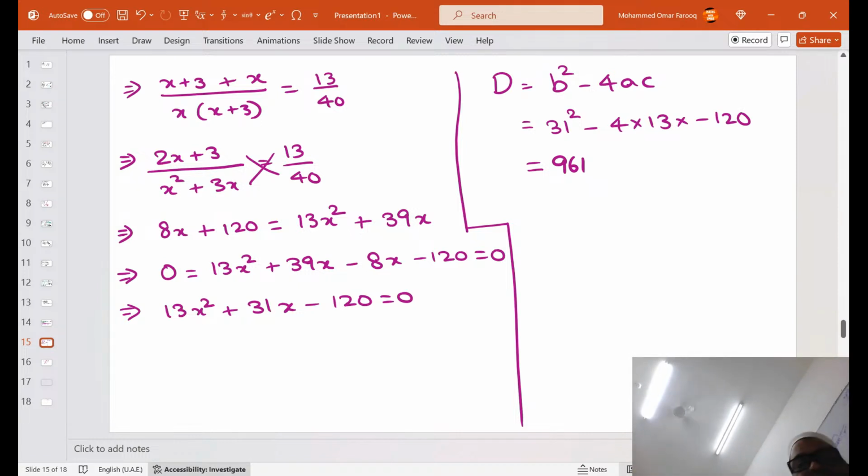Yes, 961. Minus into minus is plus. And 4 twelves are 48, so 480. Come on, somebody do 480 into 13. 6,240.